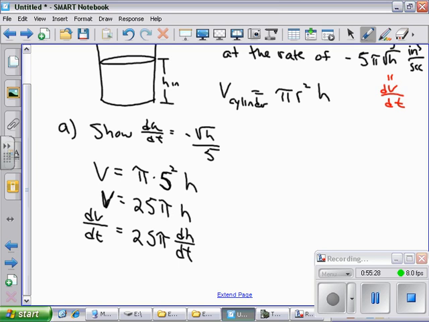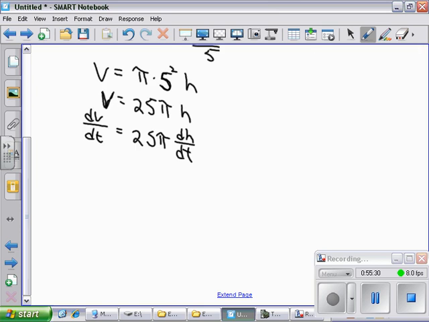Now they gave us dV/dt, right? dV/dt they gave us was negative 5 pi square root of h. So that has to equal 25 pi dh/dt. We just divide by 25 pi.